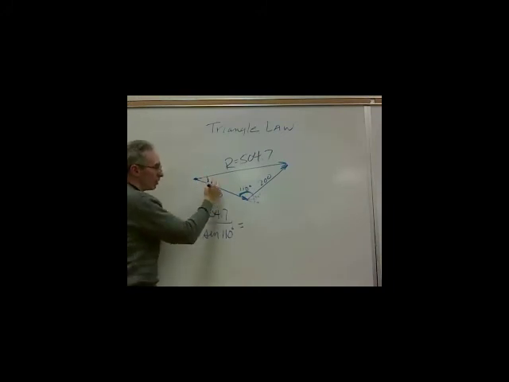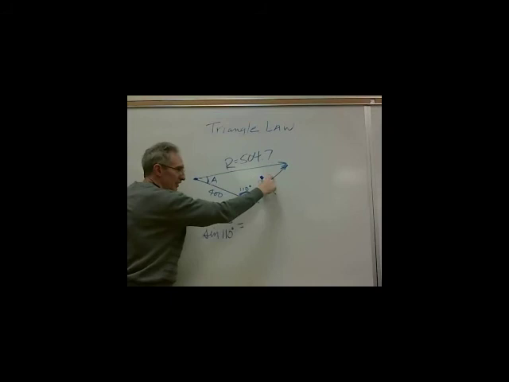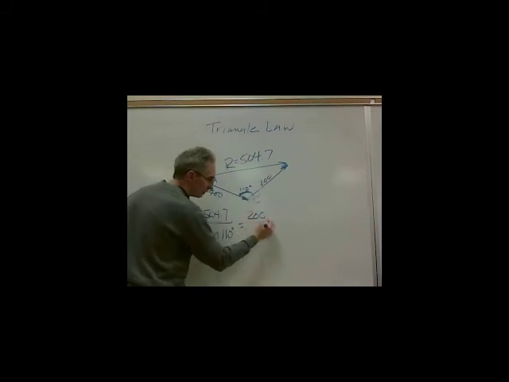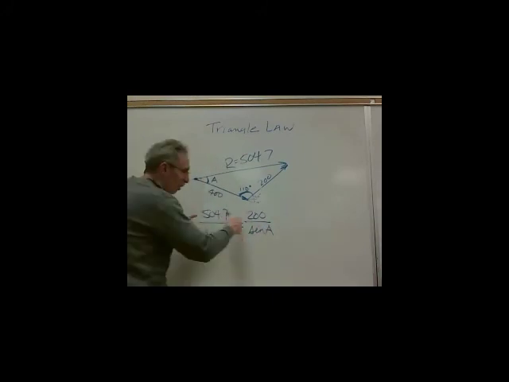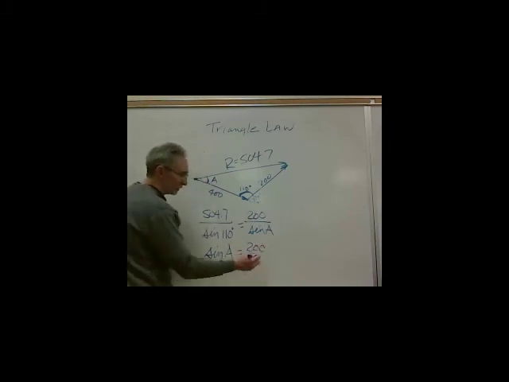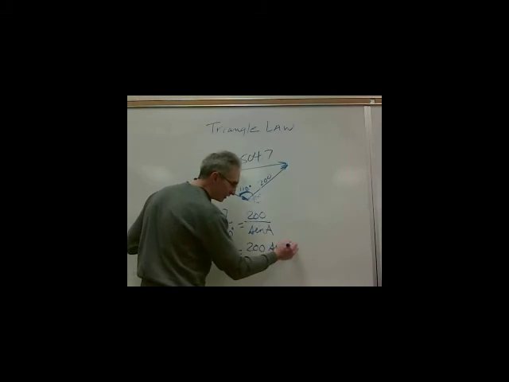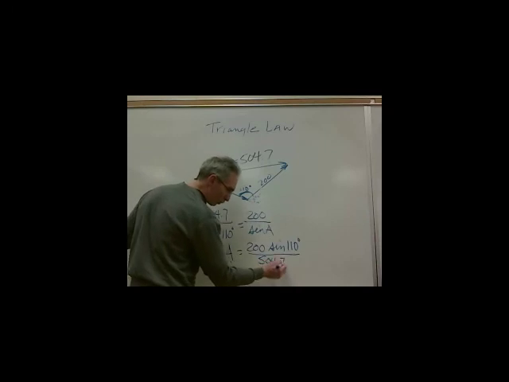Let's call this angle A. So that'd be equal to 200, that's the side over here, divided by the sine of angle A. And we cross multiply and divide, and we'd come up with the sine of A is equal to 200 sine of 110 degrees divided by 504.7.